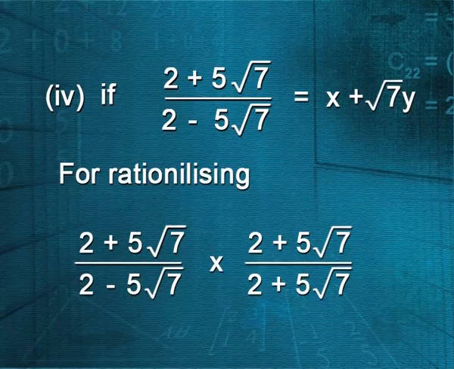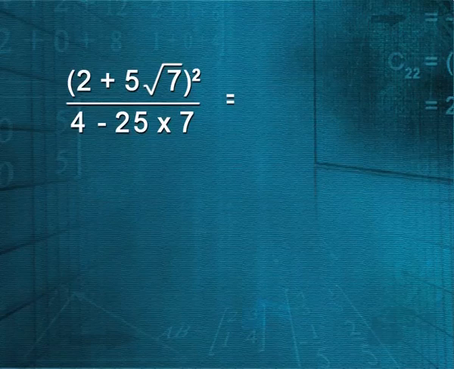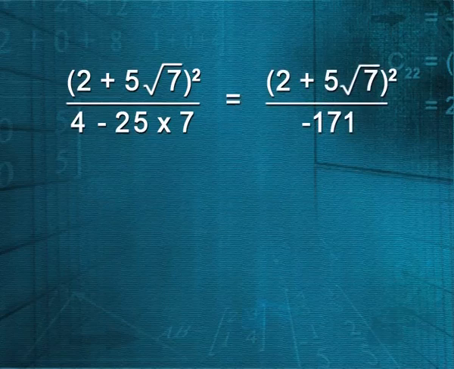So, in the given expression, you multiply the numerator and denominator by 2 plus 5 root 7 and 2 plus 5 root 7. In the numerator, you have 2 plus 5 root 7 whole square, and in the denominator, you have a square minus b square, that is 4 minus 25 multiplied by 7, which is equal to minus 171.